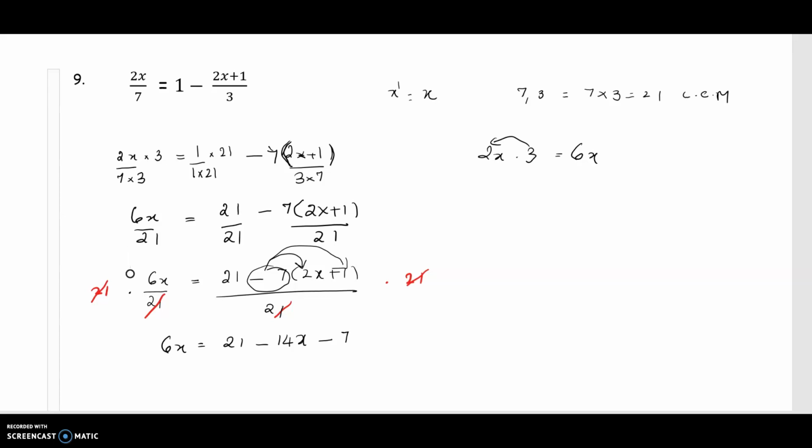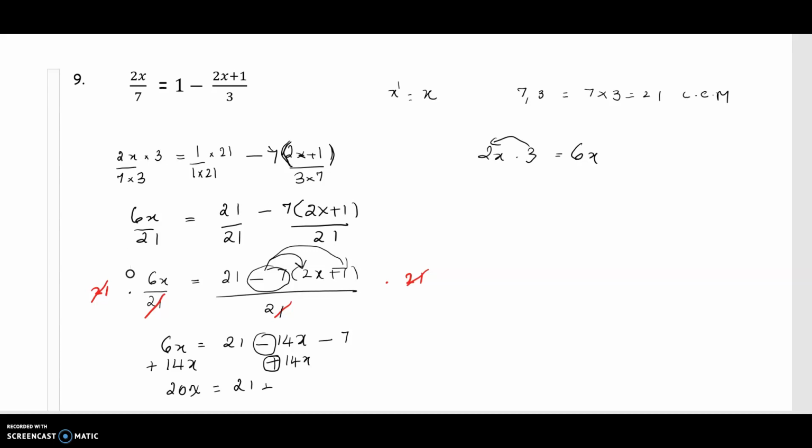Now we need to get x by itself on one side. So I want to get rid of the 14x on the right by adding 14x on both sides. Since that's a negative, we need to do the opposite. So add 14x. So we have 6x plus 14x is 20x equals 21 minus 7.